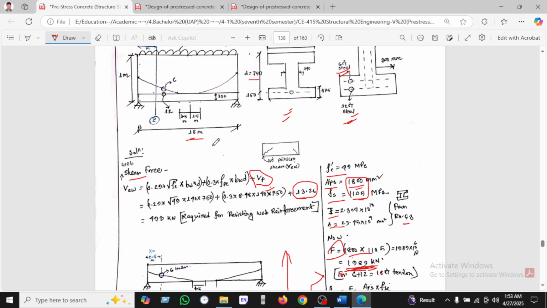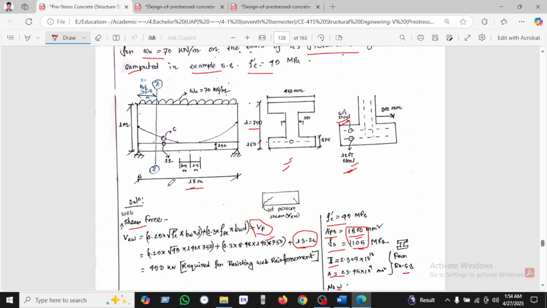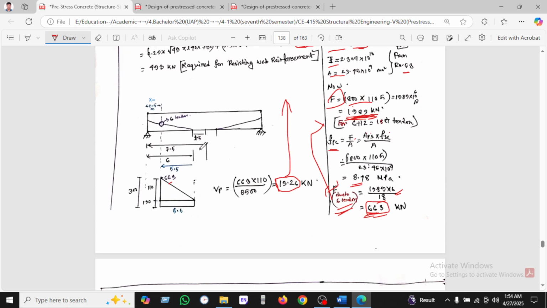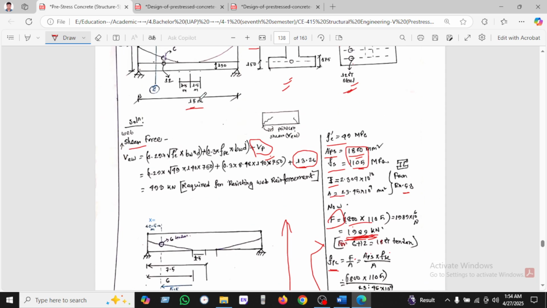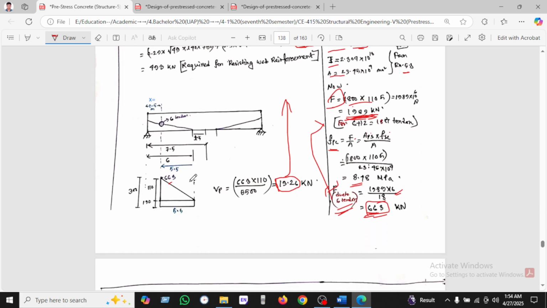We know the total length is 15, but in the middle portion we see 17. This portion is 1.5, and 1.5 is given here. So if we deduct 1.5 from 7.5, we get 6 in this portion.